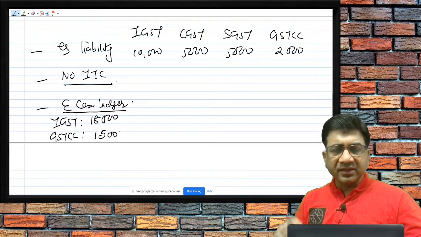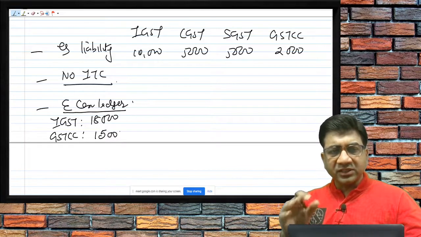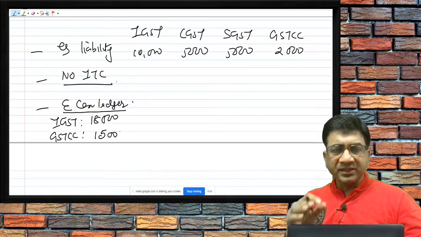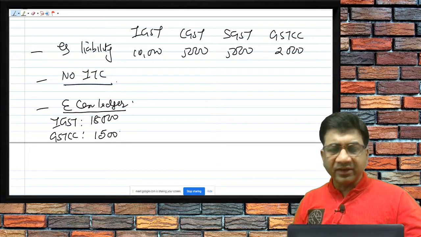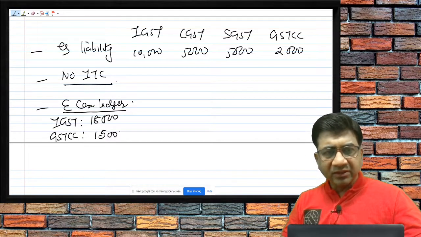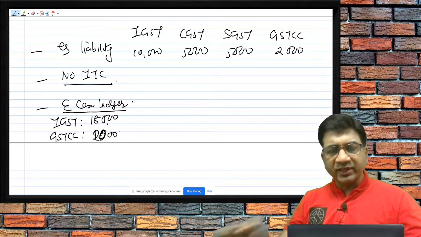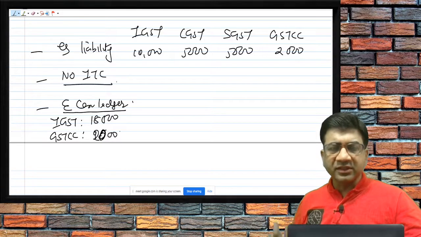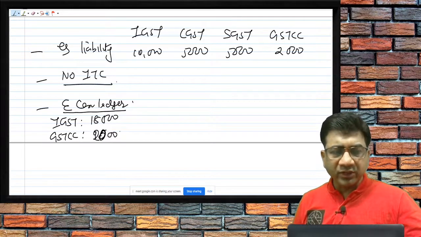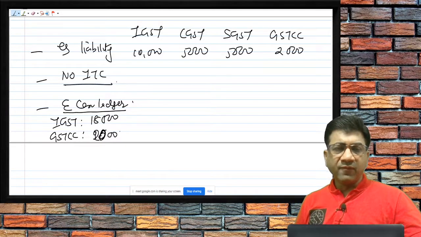But by mistake I deposited 18,000 in the IGST and 1,500 in cess. Let's say 20,000 I've totally deposited, but wrongly. What should I do now to do the set off?